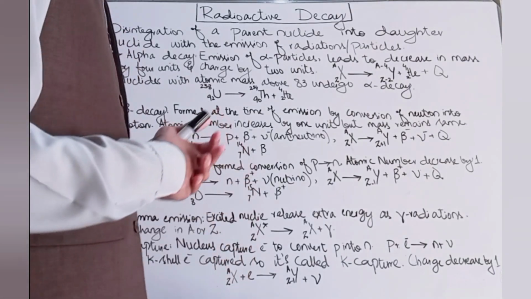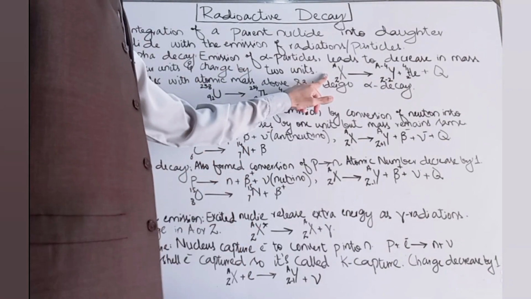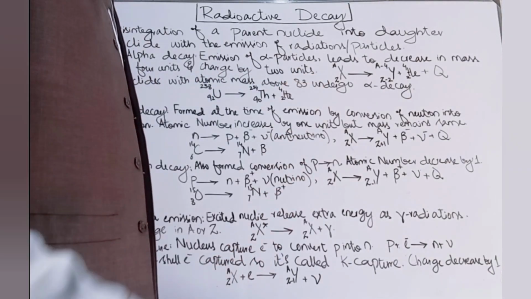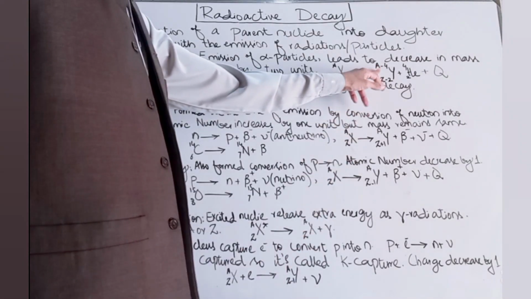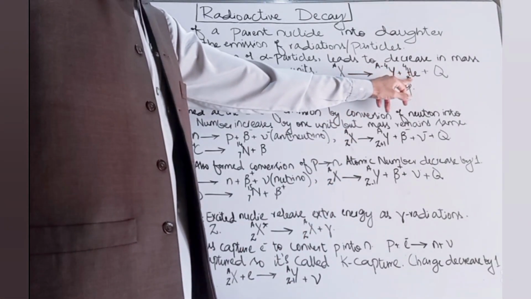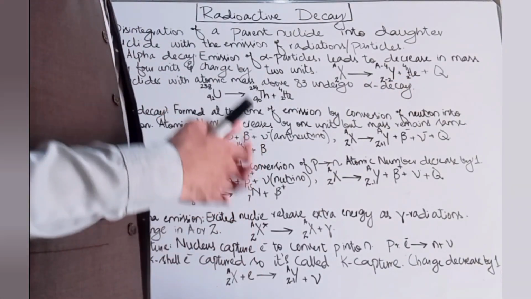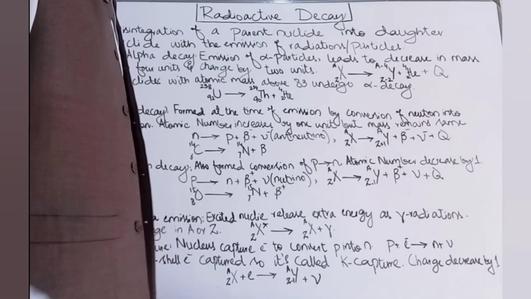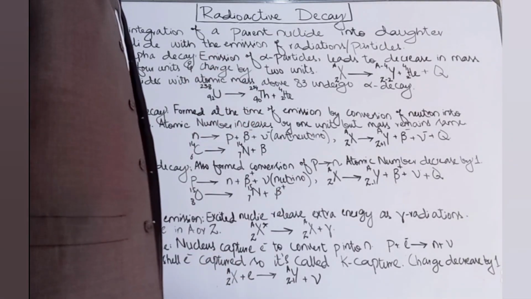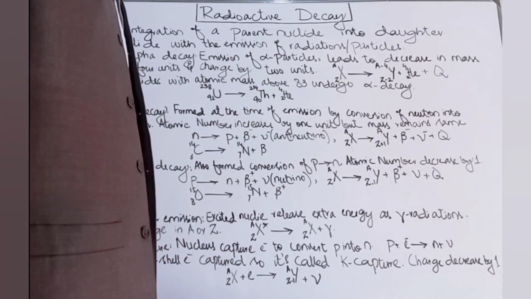Q shows the release of energy, because a lot of energy is released accompanying the alpha decay. Some of the energy is given to the daughter nucleus and some of the energy is given to the released alpha particles, and because of this energy, alpha particles move with a very high speed away from the other nuclei.